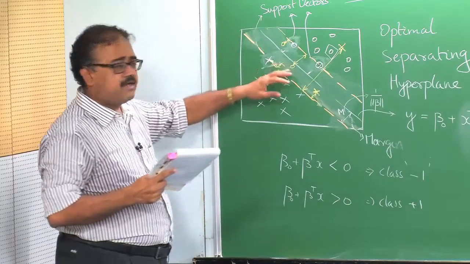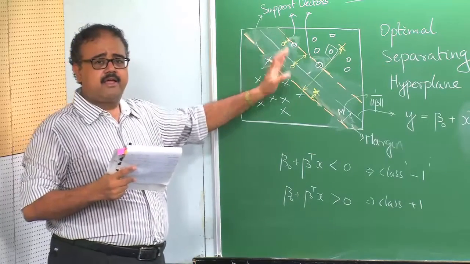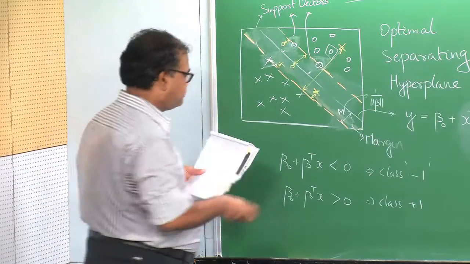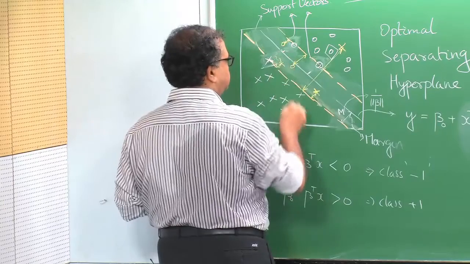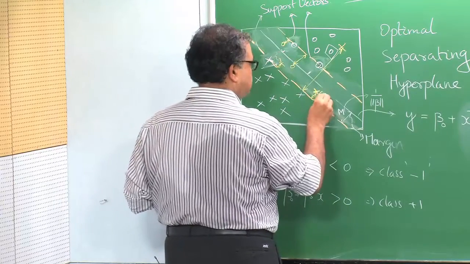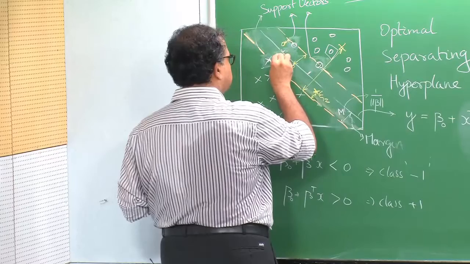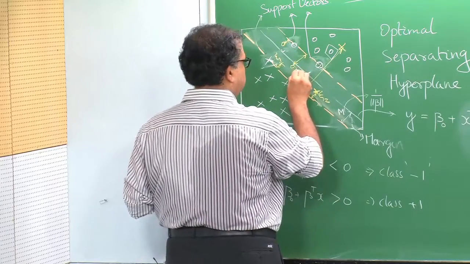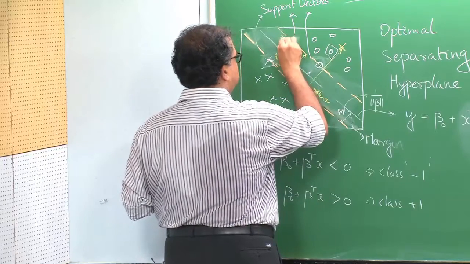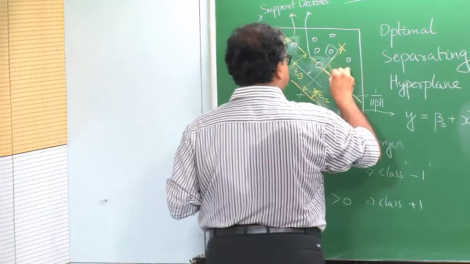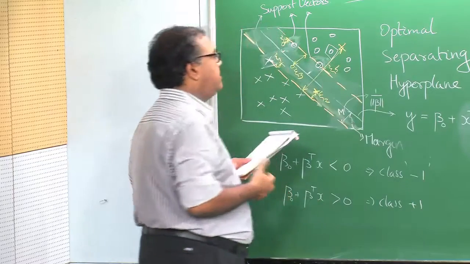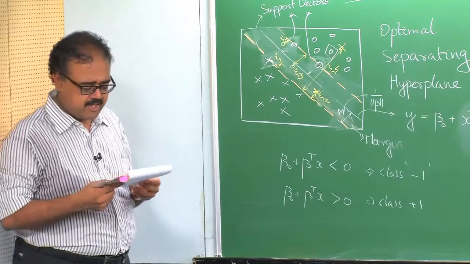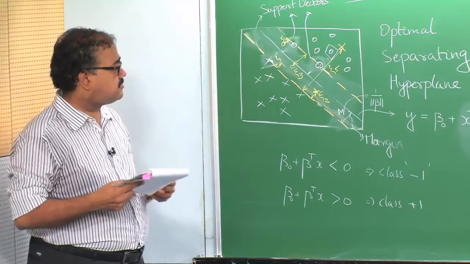So, I essentially look at how far away I am from the margin, in the wrong direction. I am going to denote these distances by which I am away from the margin by the symbol zeta.